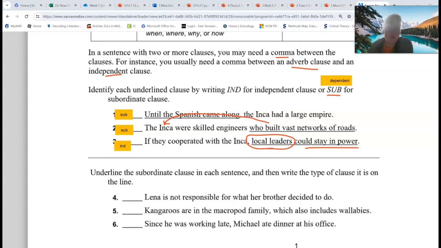So let's start by looking for the complete thought. Lena is not responsible. That is a complete thought. What is adding to this complete thought? Well, for what her brother decided to do is telling us what Lena is not responsible for. So what is she not responsible for? She is not responsible for what her brother decided to do.